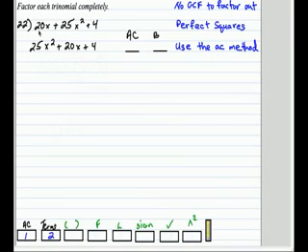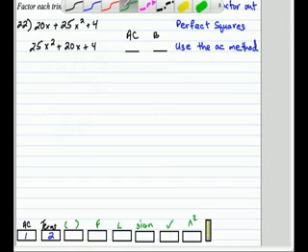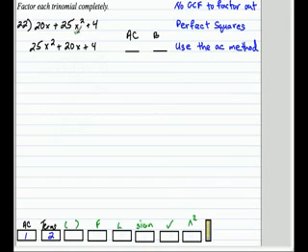But notice before I used the AC, I needed the order of the terms, right? I had to move the x squared to the front because that is the A term. The B term is by x. The one by itself is the C term. So what's my AC? 100.